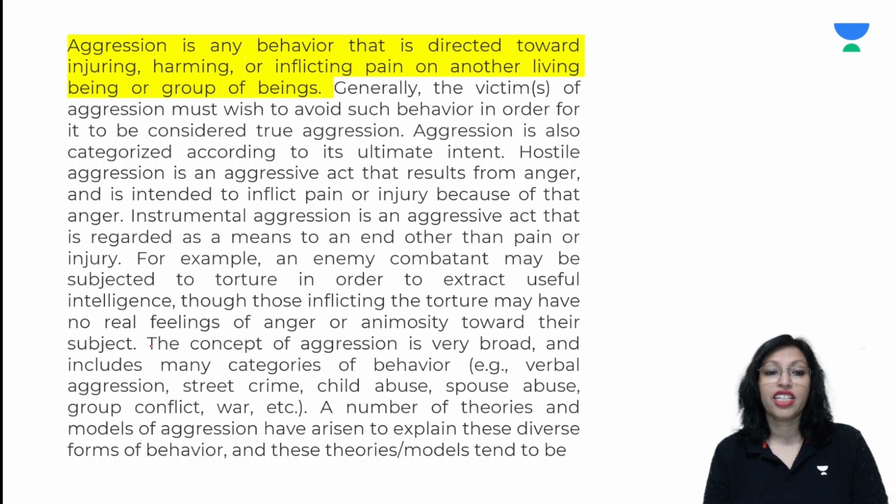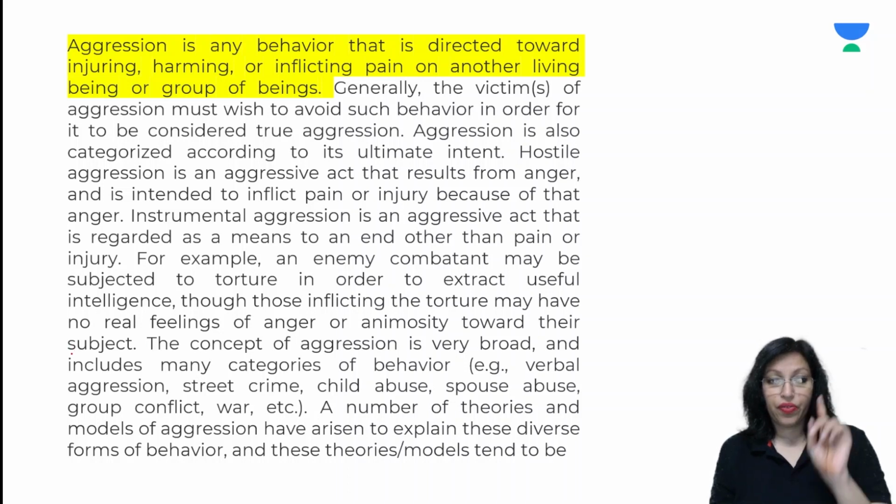Hostile aggression is an aggressive act that results from anger and is intended to inflict pain or injury because of that anger. So that's my first type of aggression, that is the hostile aggression, the one that comes from anger and wants you to suffer. Instrumental aggression is an aggressive act that is regarded as a means to an end other than pain or injury.